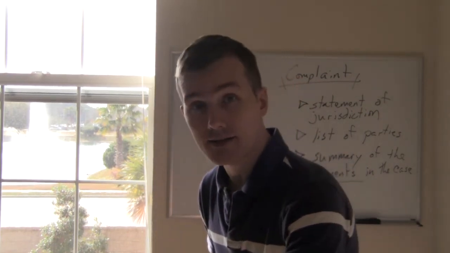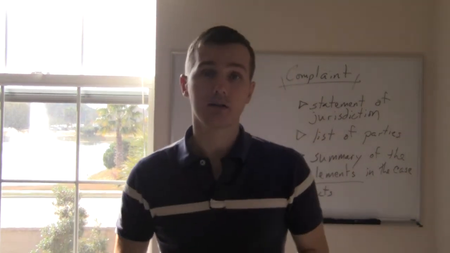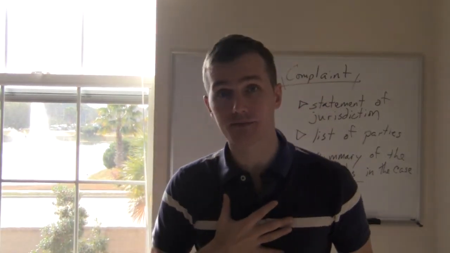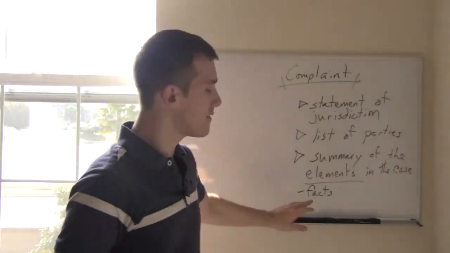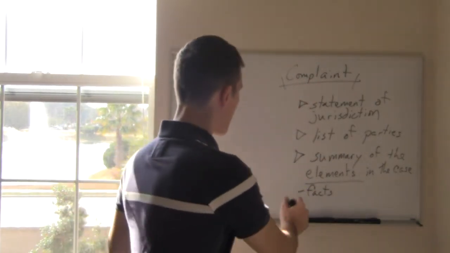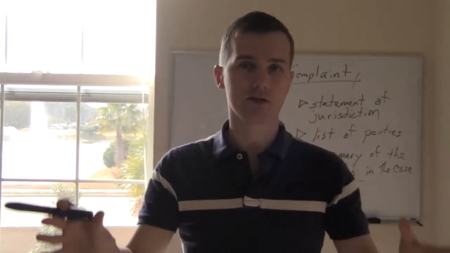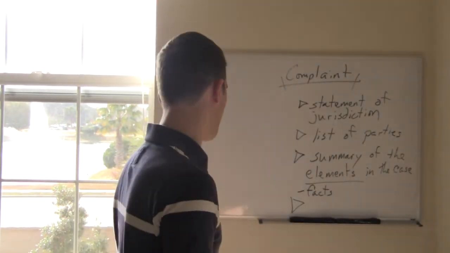The defendant in May entered upon my property, the plaintiff's. So that statement of facts is all that's needed in a complaint, short and sweet, and you're going to have to prove that in trial. Right now you're just kind of telling the judge, here's the lowdown of what's going on.